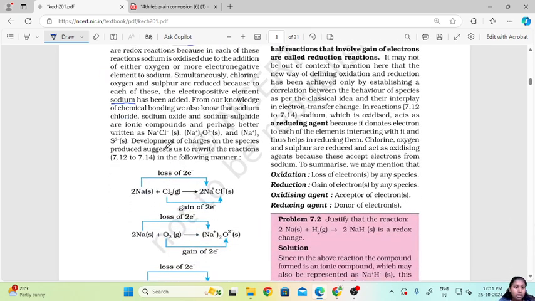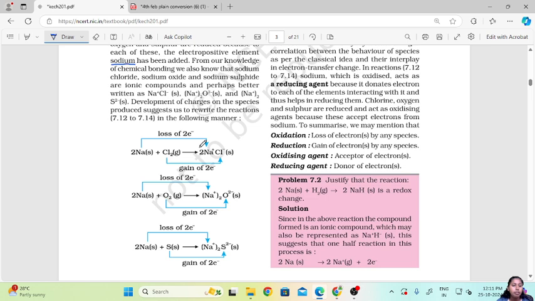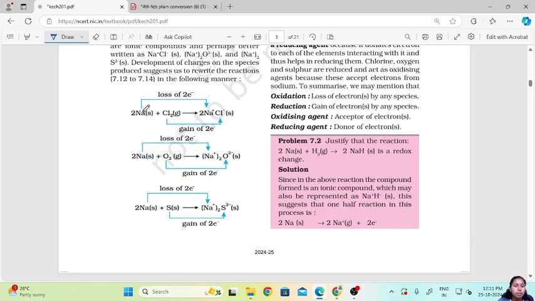Now, from our knowledge of chemical bonding, we also know that sodium chloride, sodium oxide and sodium sulfide are ionic compounds, right? All of them, when we separate them, give us ions. For example, Na plus, Cl minus, right? We get different ions. Now, development of charges on species produced suggests we rewrite the reaction. For example, sodium loses electrons, whereas chlorine gains electrons.